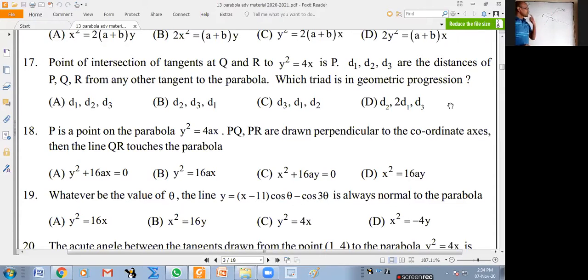These perpendicular distances are in GP or something like that, they were asking. From P, Q, R the distances are D1, D2, D3. So this distance is D1, this is D2, this is D3. So I can take T1 and T2. Just I will take T2 here, T3 here. Okay. Q as T2, R as T3.